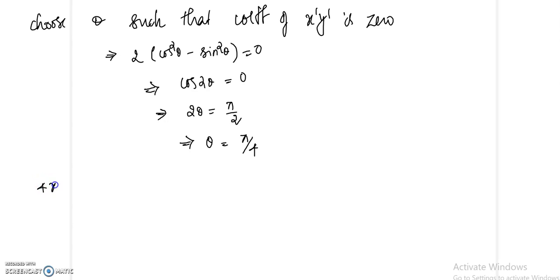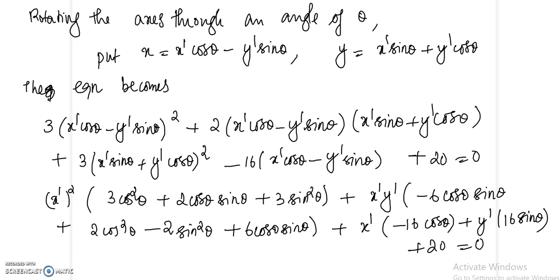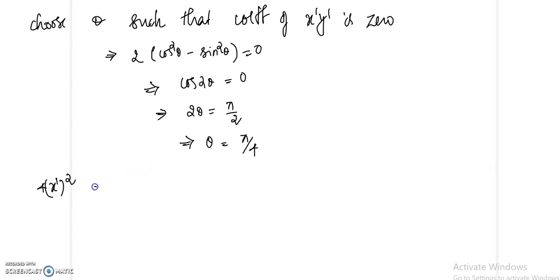So 4 x dash square, then the coefficient of x dash y dash is 0, then this will be minus 16 by root 2 x dash, similarly plus 16 by root 2 y dash, and then plus 20 equal to 0.